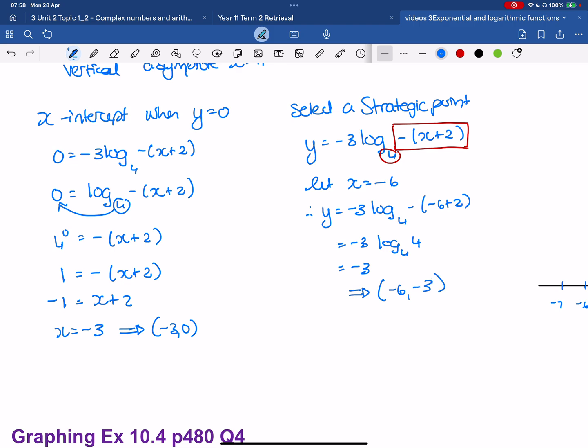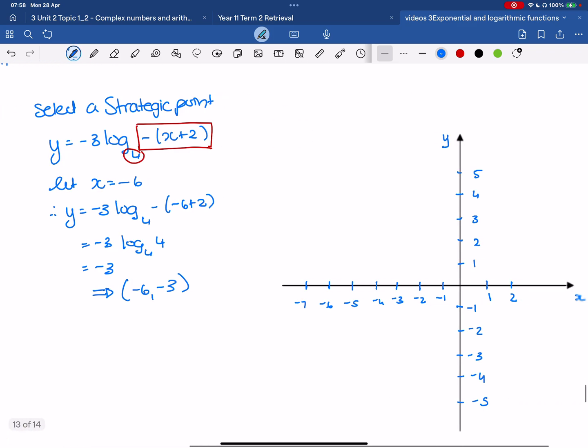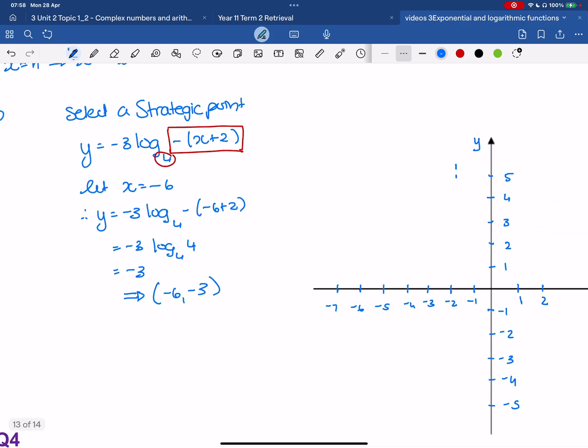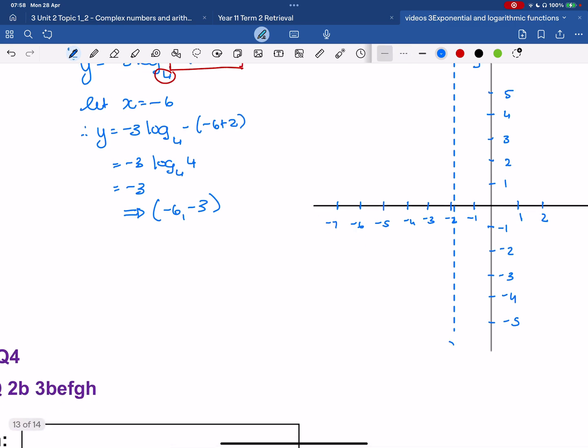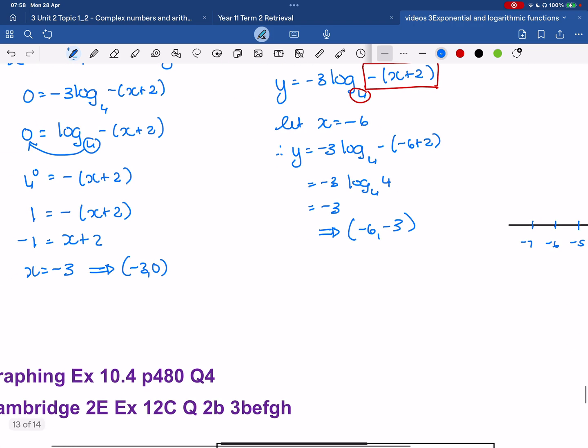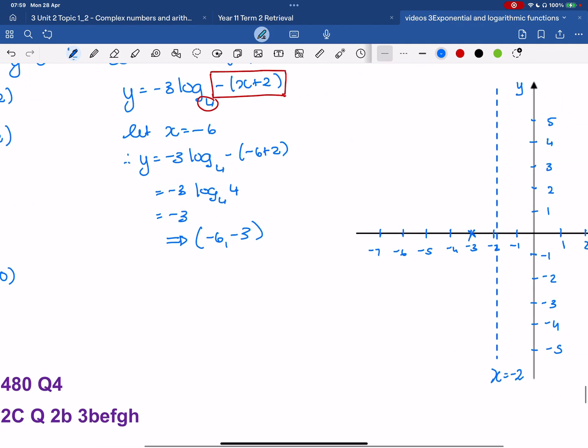Now I've got 2 points. I have an asymptote, and I know what shape this is going to be. So my asymptote is at x equals negative 2. Quite hard to gauge this here. And my x-intercept is at negative 3, 0.